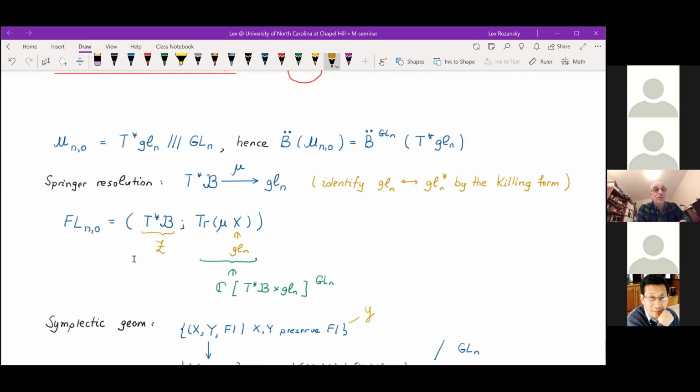In fact, there will be more examples where this one is not symplectic. So you may wonder why this particular one happens to be symplectic in its own right. The symplecticity of T star B has nothing to do with the story. It just exists on its own. So there is a question why.